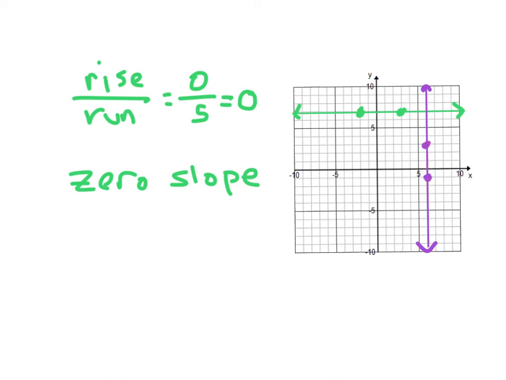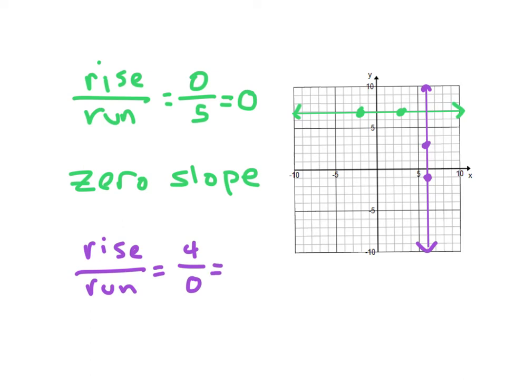So my rise is 4. And then my run, left or right, I didn't move any, so that's 0. Now this you can't compute. Dividing by 0 is not something we can do in mathematics. Think about if you have $4, you can't divide that up by 0 people. That doesn't exist, because you own the $4 already, so you're dividing it up by 1 person already. So 4 divided by 0 just cannot be computed, it cannot be done.